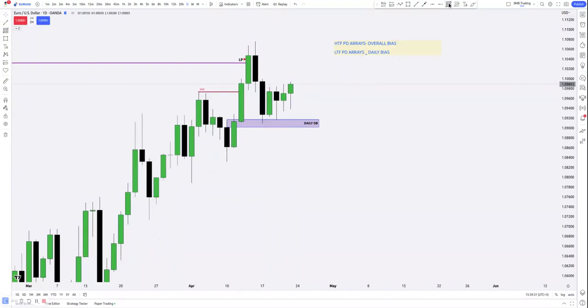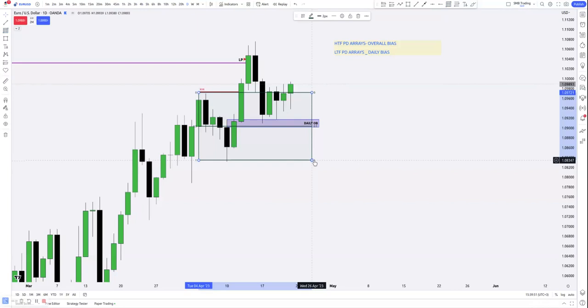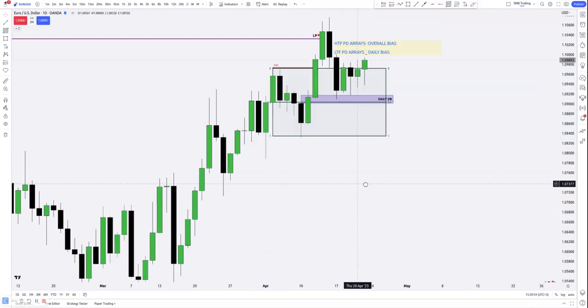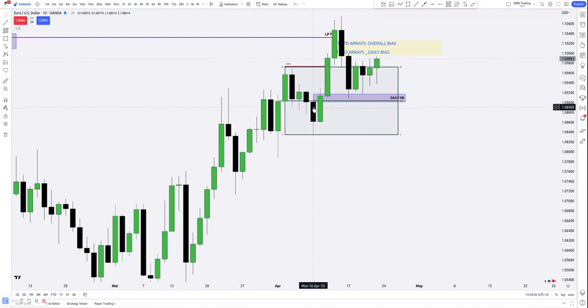Because if you take your fib level from this high to the low, you will find that this candle opened below 50%, below equilibrium. Can you see that? This second candle opened below equilibrium.